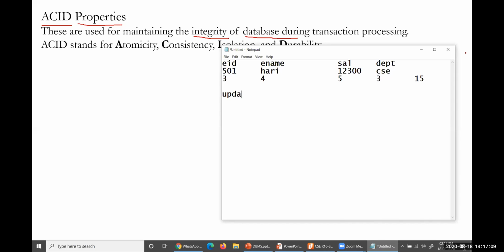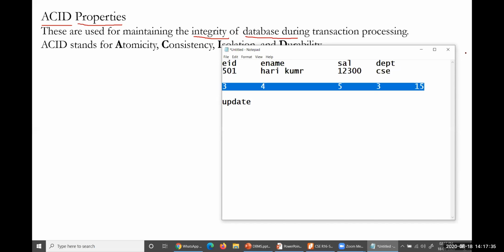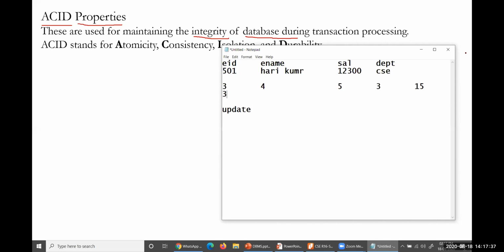Update operation is always expected to be performed by databases, so that if this person says that his name is not Hari, his name is Hari Kumar, for example, then Kumar also has to be added. If you add this Kumar here, previously the total number of bytes occupied by this record was 15. Right now, let us write one more time. So Hari Kumar, in the sense, let me take.